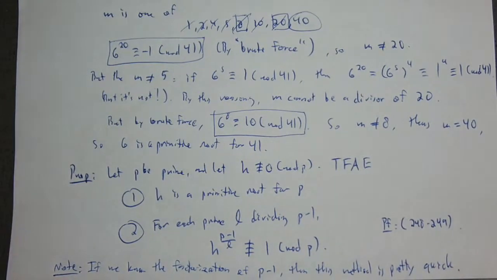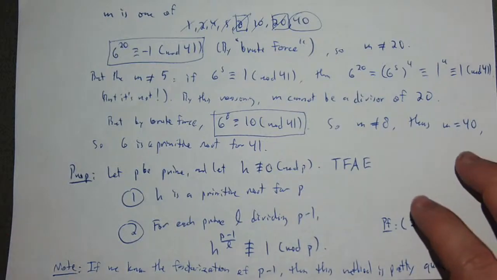All right. But if you can't factor p minus 1, then verifying whether or not a number is a primitive root mod some prime is trickier. That would be harder. This certainly doesn't give you a method for doing that. But in the event that you know the factorization of p minus 1, this gives you a pretty quick way of doing it. And essentially, like I said, we're using the same process we used in this example here.